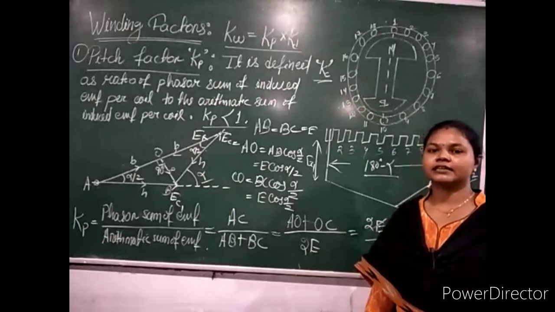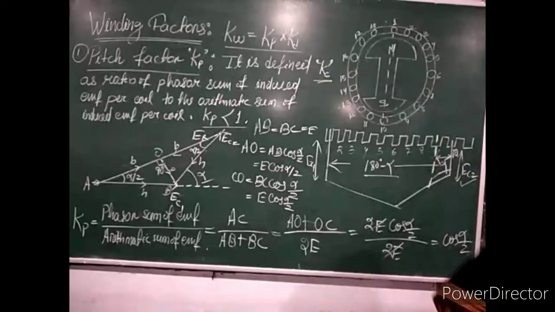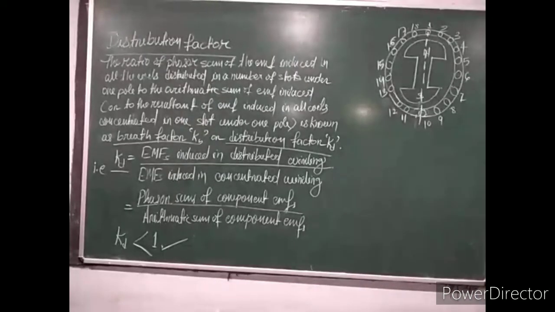Next we discuss distribution factor. What is distribution factor? It is the ratio of the phasor sum of the EMF induced in all coils distributed in a number of slots under one pole, to the arithmetic sum of EMF induced, or the resultant of EMF induced in all coils concentrated in one slot under one pole.